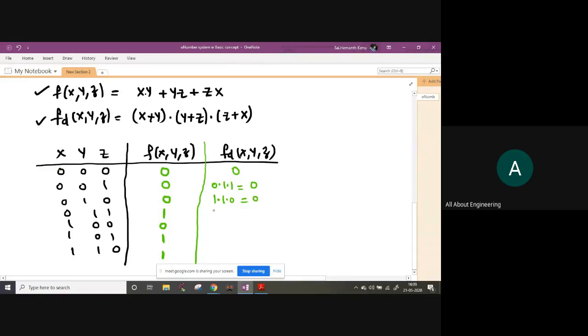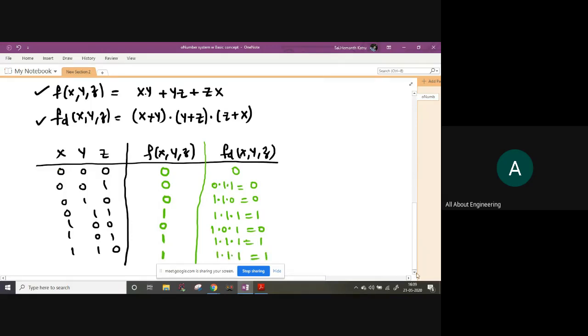Here 0 plus 1 is 1 and 1 plus 1 is 1 and 1 plus 0 is 1, so you get 1. Here similarly 1 0 1, again 0. Here 1 1 1, you will get 1 here. 1 1 1, you will get 1 here.